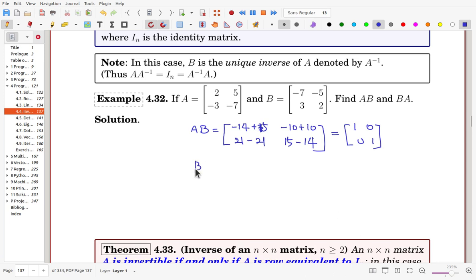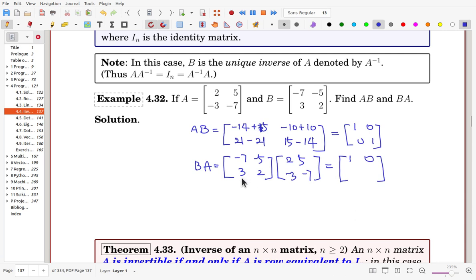How about BA? We write down B first: minus 7, minus 5, 3, 2. And A is 2, 5, minus 3, minus 7. Then first row, first column: minus 14 plus 15, so that is 1. First row, second column: minus 35 plus 35, that is 0.